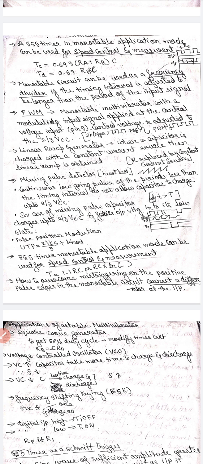Missing pulse generator. So here the resistor is replaced by a constant current source, then we get a linear ramp generator.